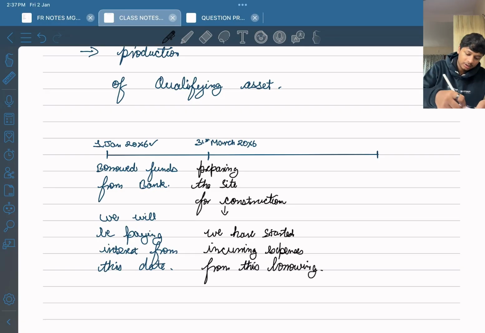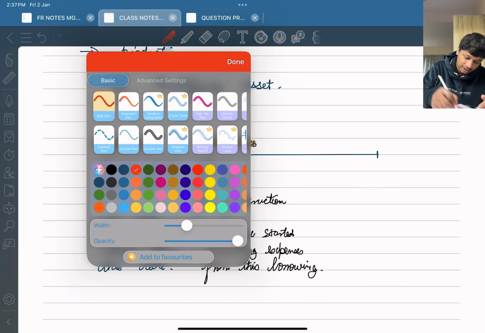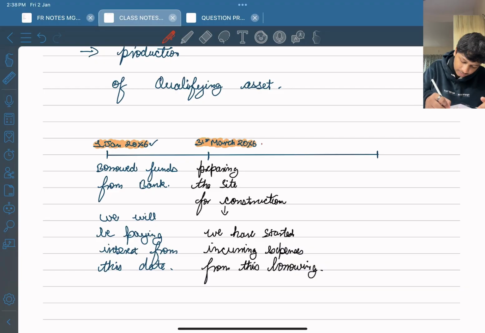So the question is, on which date will we start capitalizing the borrowing cost? Will we start capitalizing on 1st January 20x6 or after this date? The IAS 23 principle says that we will start capitalizing on 31st March 20x6, and onwards from this date.